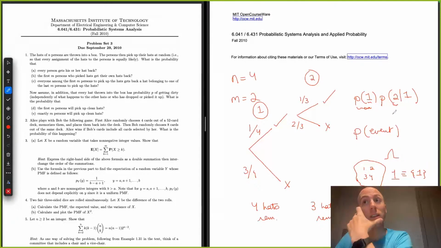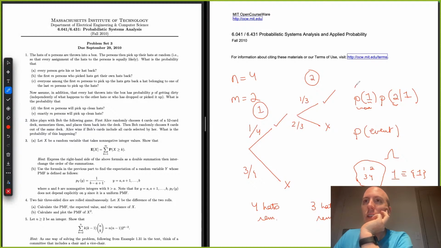Now this is weird. With conditional probability, you're kind of transported into a new universe.